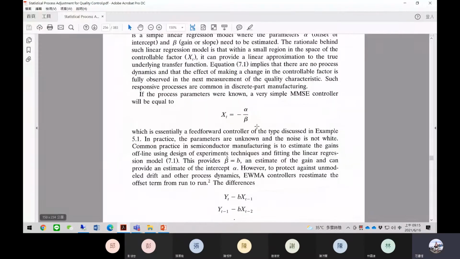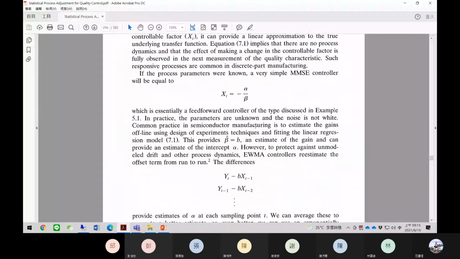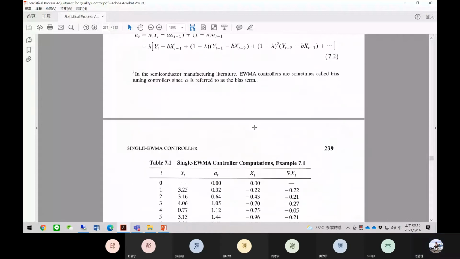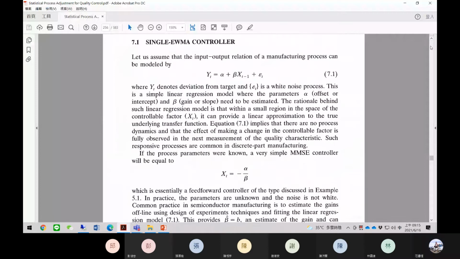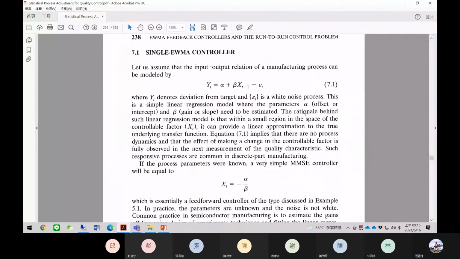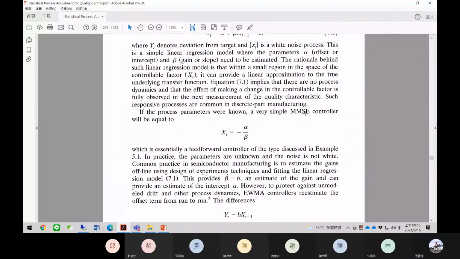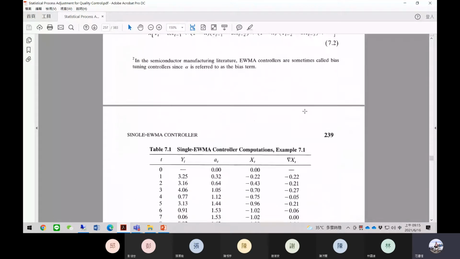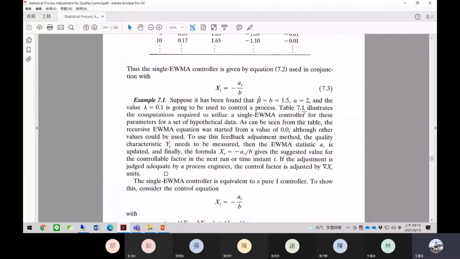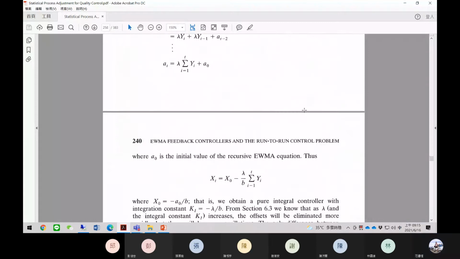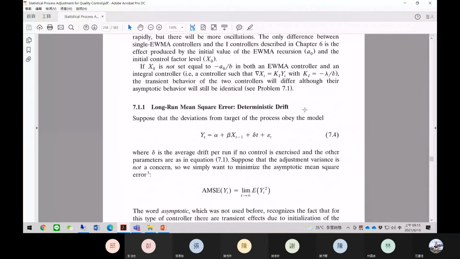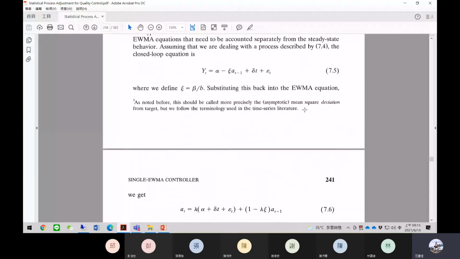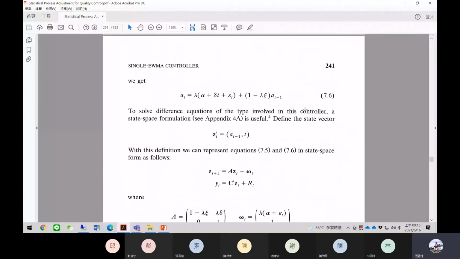Yeah, let's see. Do we have a note? No, it doesn't. Let me see. Maybe it will be addressed later, I think. Does it show the gamma later? Let me see.